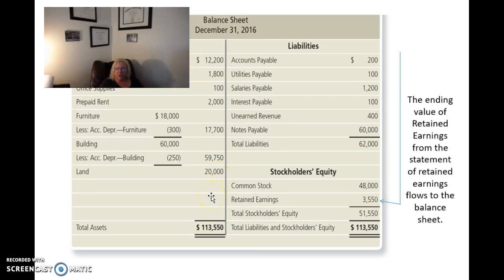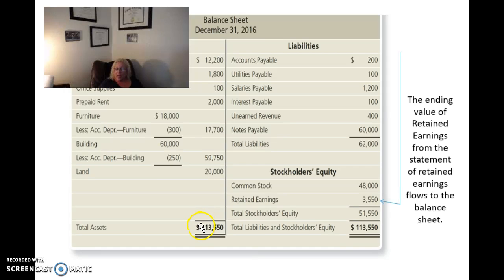Okay, and so that is just a quick look at the financial statements. The 3 main types: income statement, statement of retained earnings, and balance sheet. There are more, but these are the 3 we're going to focus on right now. And remember, the income statement records your revenue and your expenses.